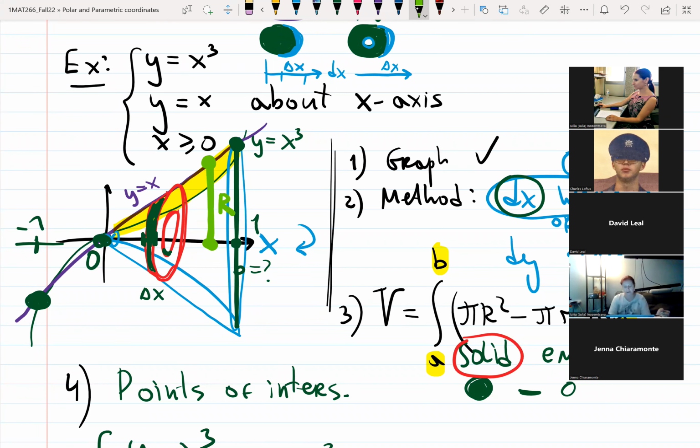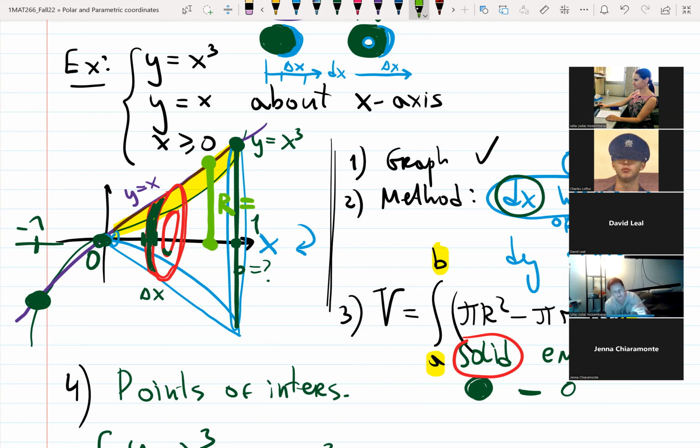Capital R is the distance between the outside part of the object and the center of rotation, ignoring any pieces inside. This R is the function at the top minus the function at the bottom.